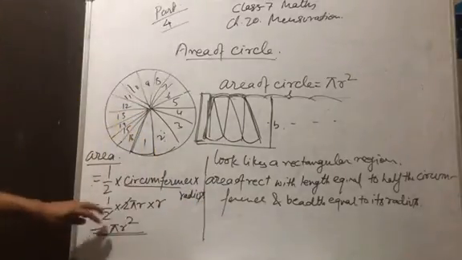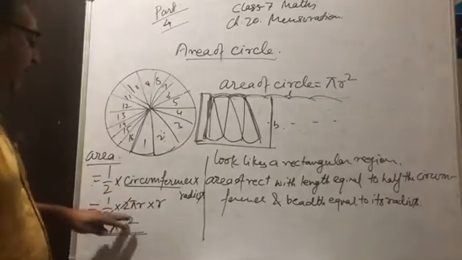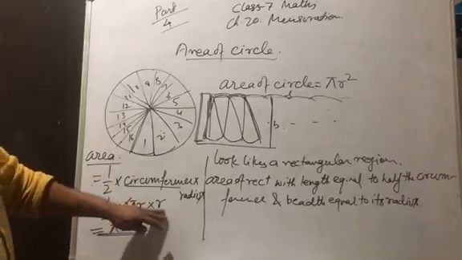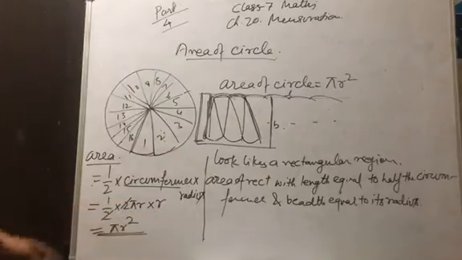So it will be half multiplied by 2 pi r multiplied by r. We know that the formula for circumference is 2 pi r. 2 and 2 cancel. So the area of the circle will be pi r square.